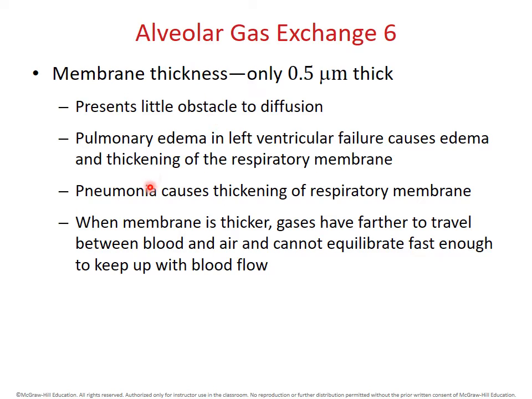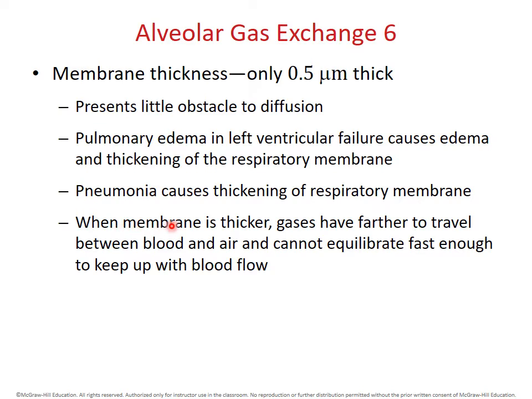However, there are some things that can affect the thickness of the respiratory membrane. Pneumonia and some other diseases can cause a swelling and buildup of fluid, which ultimately can cause thickening of the respiratory membrane as fluid builds up in the basement membrane between the cells.